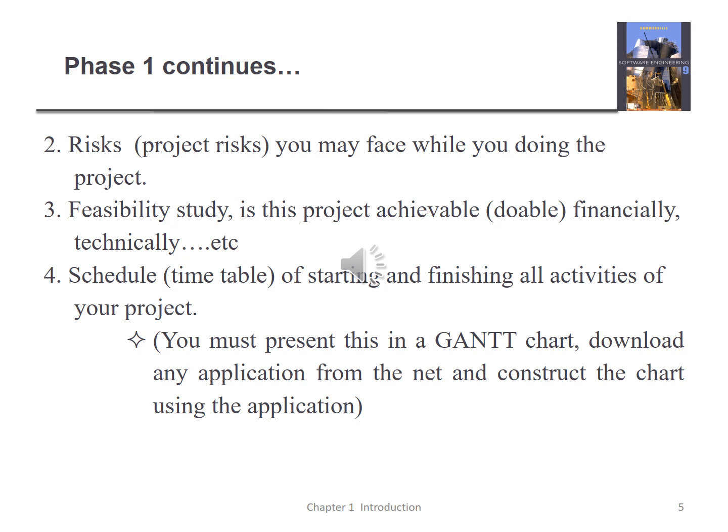So we download it, and then we create a timetable of the tasks we are going to accomplish, the duration of each task, and dependencies. Then we plug it into the Gantt chart, and at the end we find from the Gantt chart the critical path, and whether there is any slack time, and we put it as part of our document.